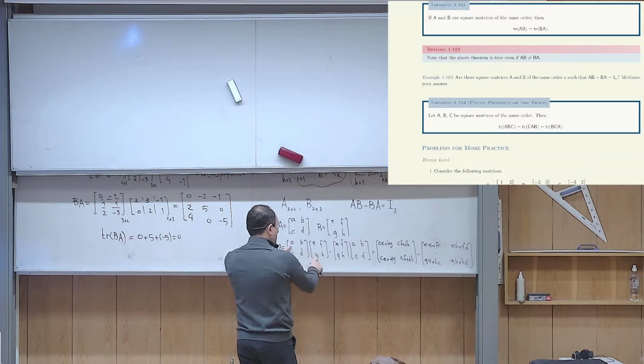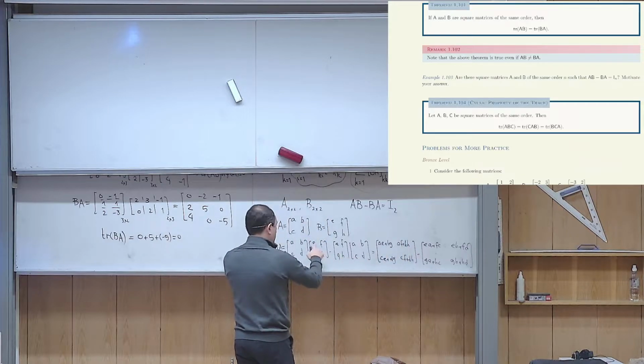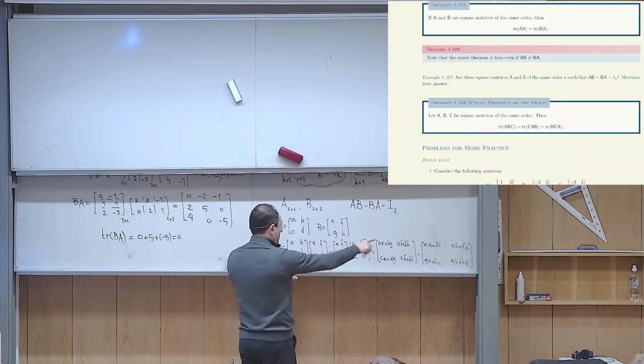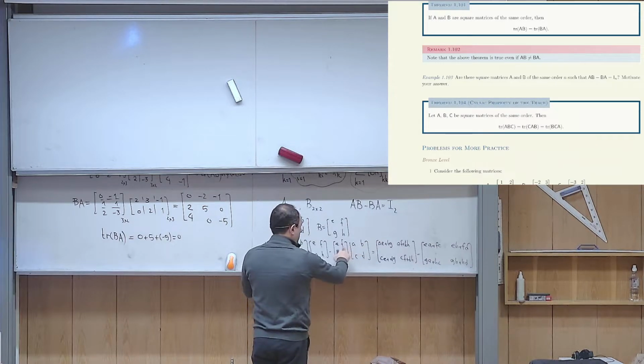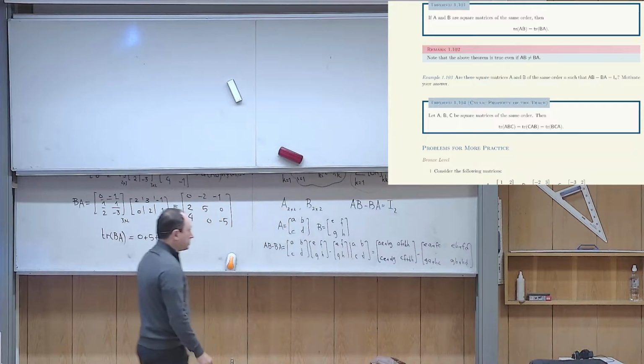AE plus BG, that was correct, sorry. AF plus BH, and then I have CE plus DG, CF plus DH. That's correct. Then I go there. EA, FC, EB, FD, GA, HC, and then GB, HD. That's correct. Everything is correct.